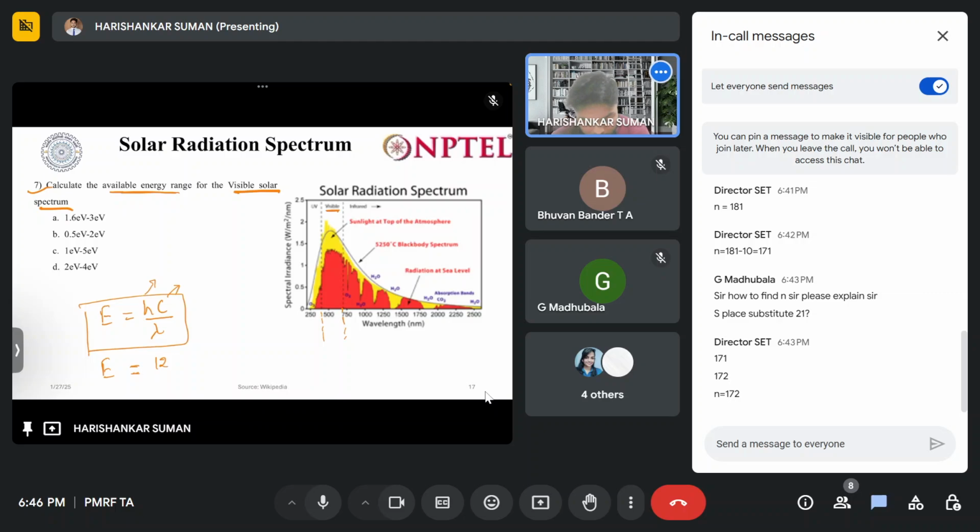This is in nanometer. This is in electron volt.